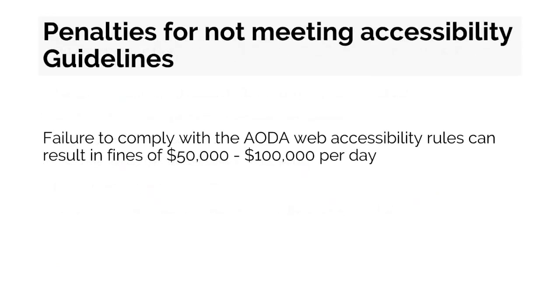And talking about penalties for not meeting accessibility guidelines, the Ontario government is not taking these accessibility standards very lightly, and organizations that fail to comply with the January 1st, 2021 deadline could face a fine of up to $50,000 for each day or part of day on which the offense occurs or continues to occur.